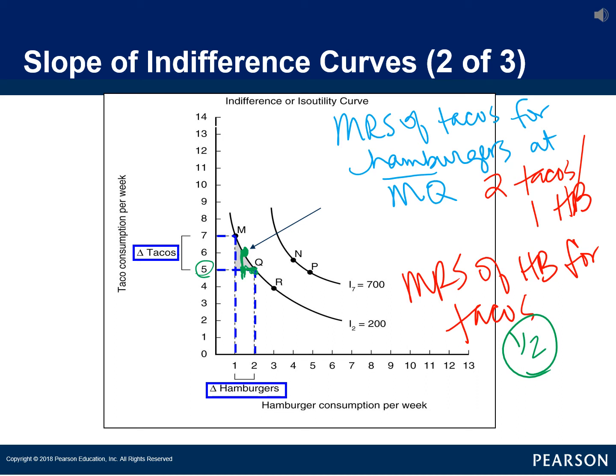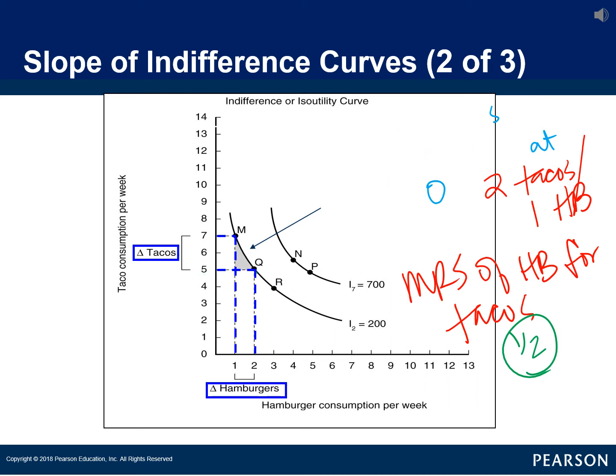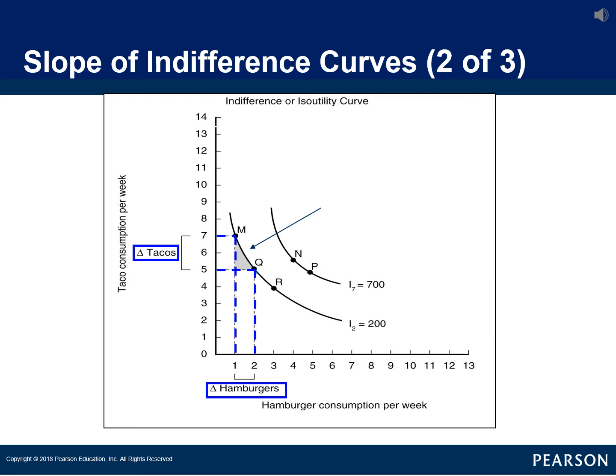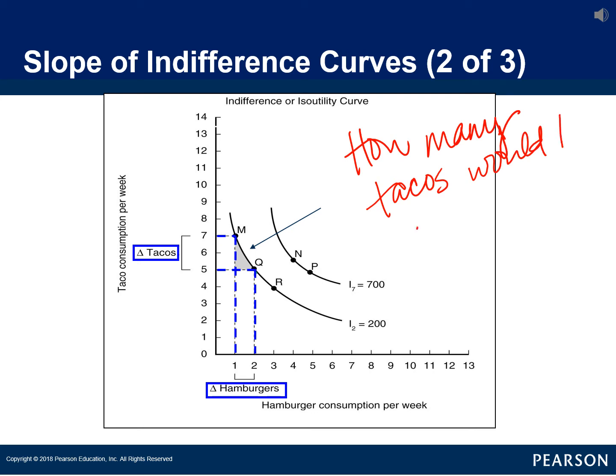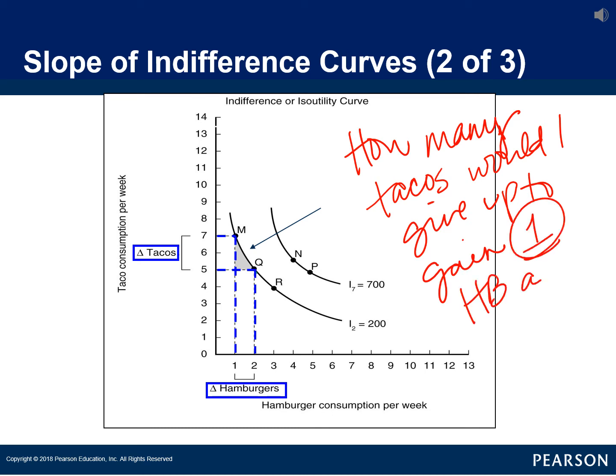So let's just do that really quick. And I'm going to word the question a little bit different this time. I'm going to ask, how many tacos would I give up to gain 1 hamburger at QR?